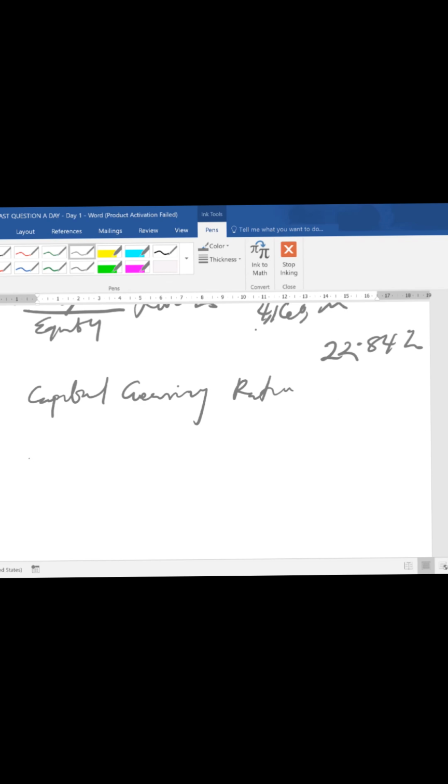So the focus will be on our debt to our capital structure. We want to just know the percentage of our capital structure that relates to debt finance. So our debt over our equity plus debt.